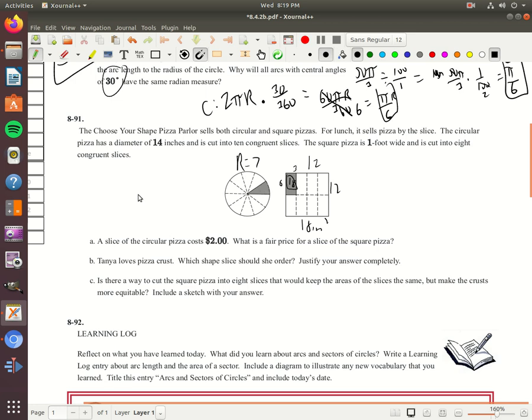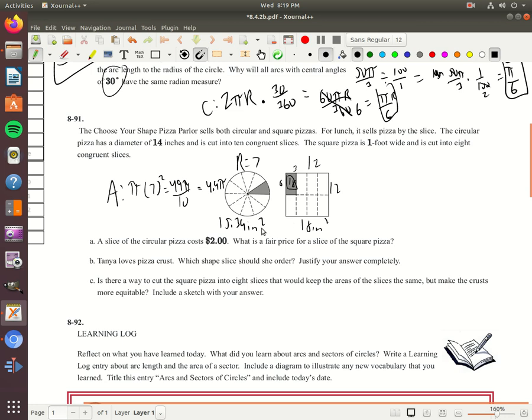Well, we can calculate the sector here because we know the area is going to be pi r squared. And we're going to end up with 49 pi for the whole pizza. But it's 1, 2, 3, 4, 5, 6, 7, 8, 9, 10th. It's 1/10 of it, right? So it's actually going to be 4.9 pi. So if I multiply 4.9 by pi, you can see I have 15.39 inches squared.